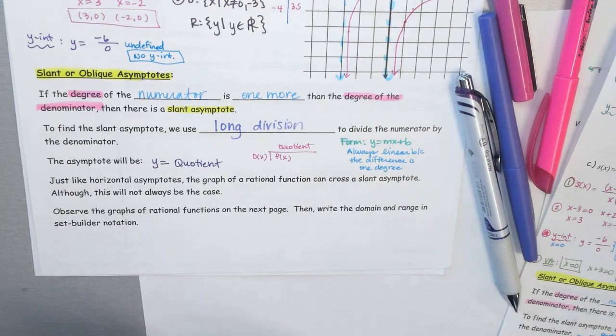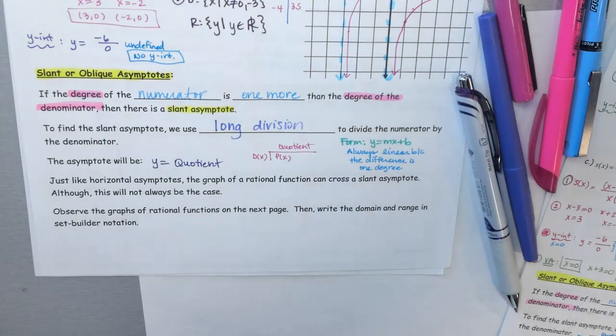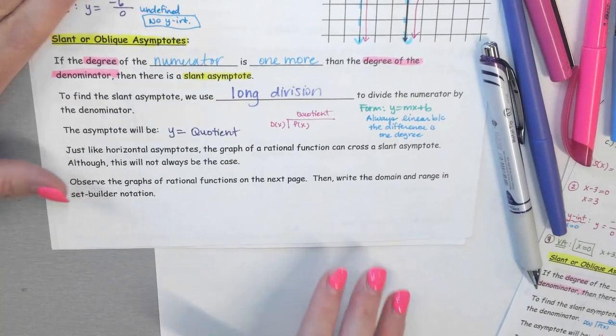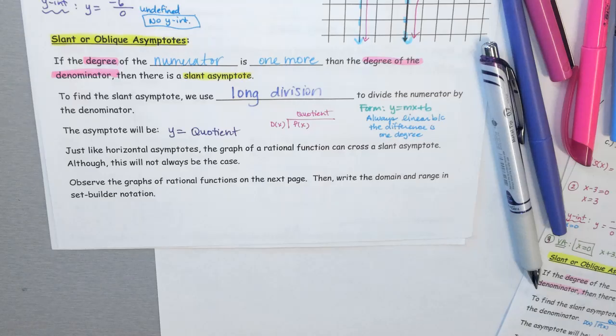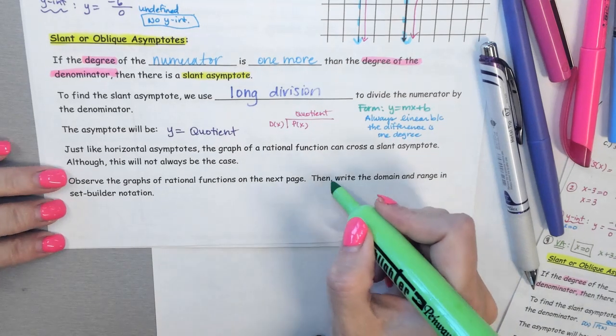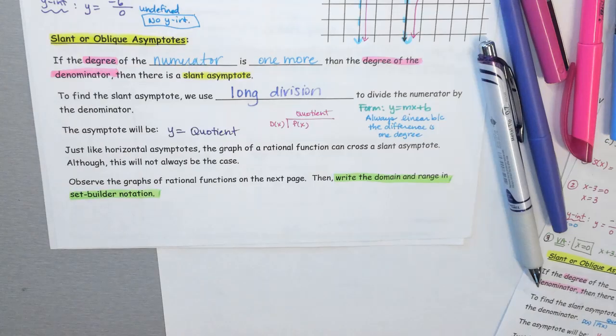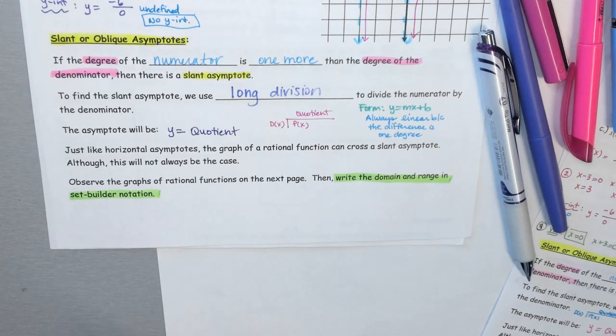Just like horizontal asymptotes, the graph of a rational function can cross a slant asymptote, but that's not always going to be the case, and it's going to be rare for us to see that. We're going to observe the graphs of rational functions on the next page, and then write the domain and range in set builder notation. This is so you have a place to go to see the different types of cases.